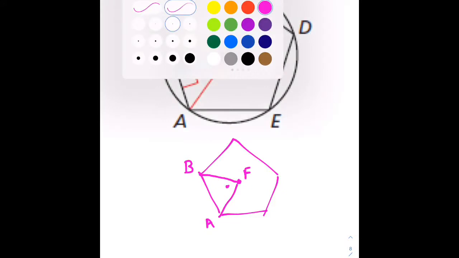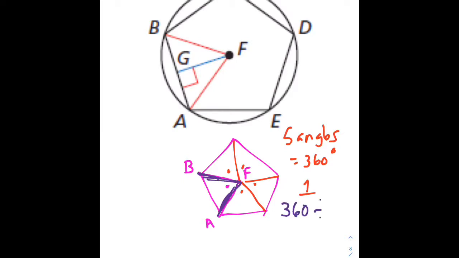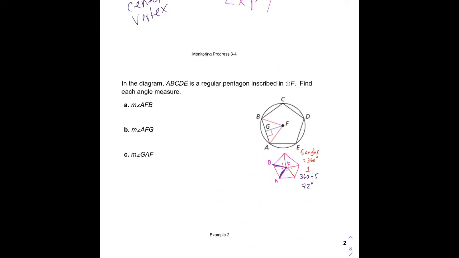Well, I could draw radii to all of the vertices, and that would give me a total of 5 angles. Those 5 angles have to equal a total of 360, but I just want one angle. So in order to find angle BFA, I just need to take 360 divided by 5, and I get 72 degrees. So angle AFB is 72 degrees.